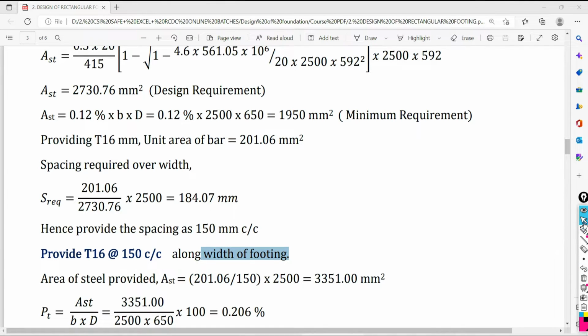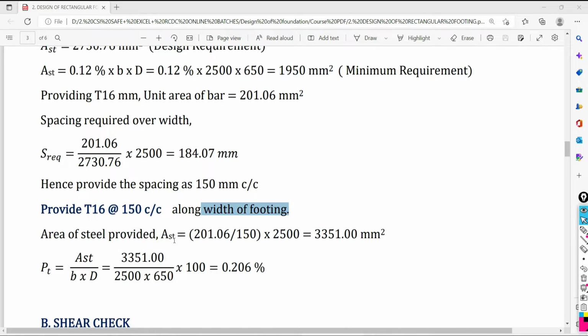Next, the area of steel provided is going to become 201 unit area divided by 150 provided spacing multiplied by the considered width of 2500. So finally the area of reinforcement provided is 3551 mm square.